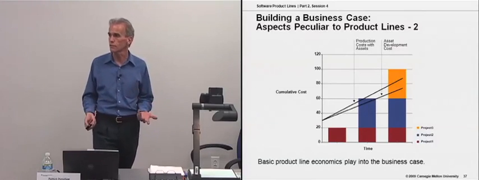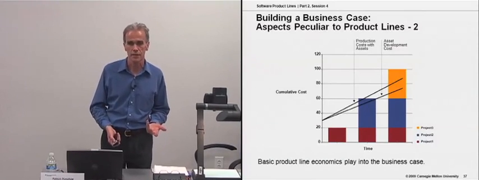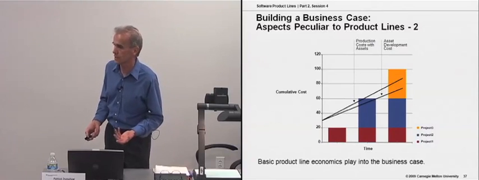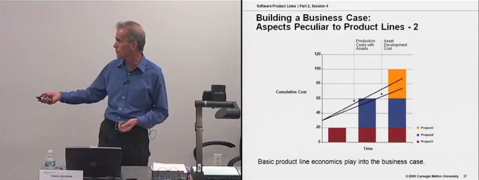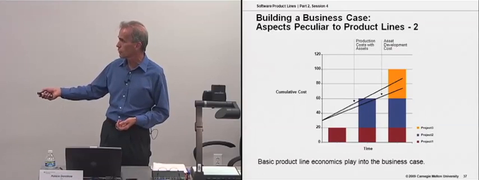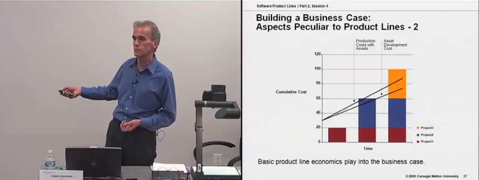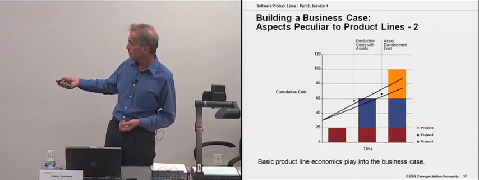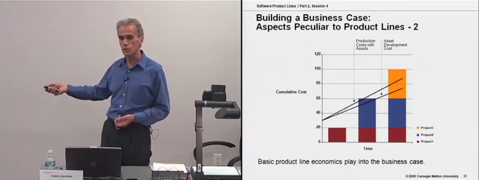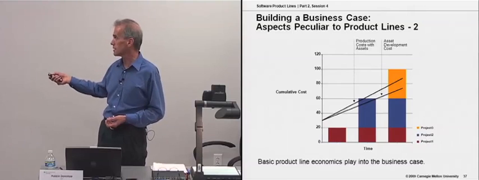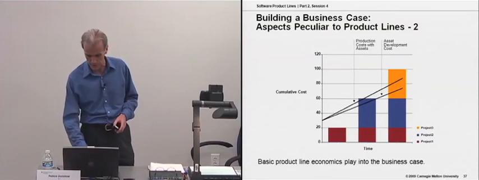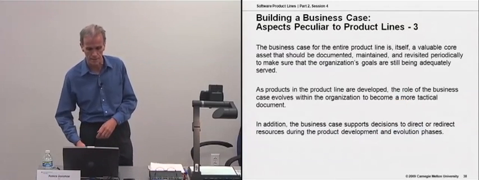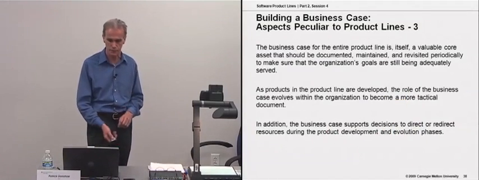You'll be refreshing the technologies that are embodied in the core asset base and refreshing the tool set that supports the asset base. So it's not a fixed one-time cost that persists over the product, but if you've done your homework, then you should be able to make the case for whether or not there's a payoff point beyond which it makes sense to do this as a product line effort.